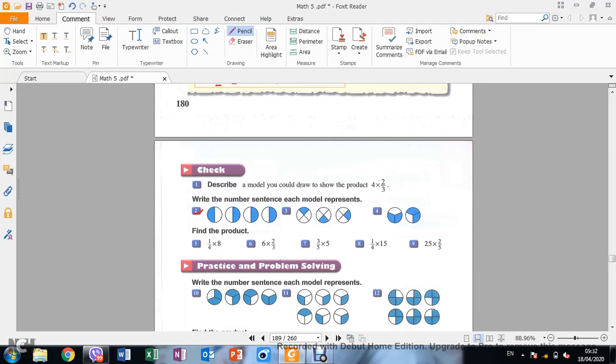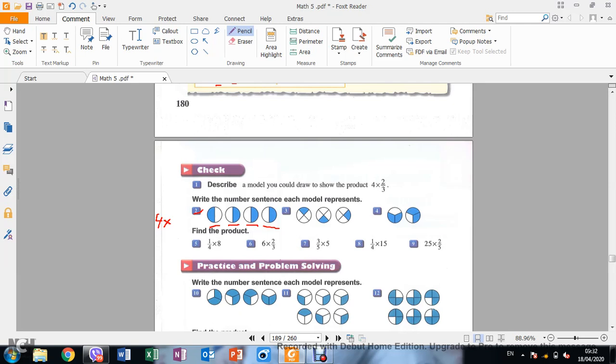Okay, so look at this. At first, how many groups do we have? We have 1, 2, 3, 4. Directly our whole number is 4 because our groups are 4. 1, 2, 3, 4. So write 4 times. So look at the fractions.